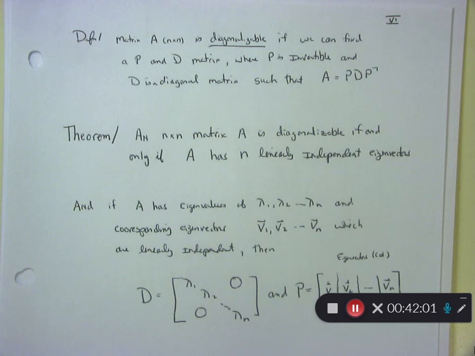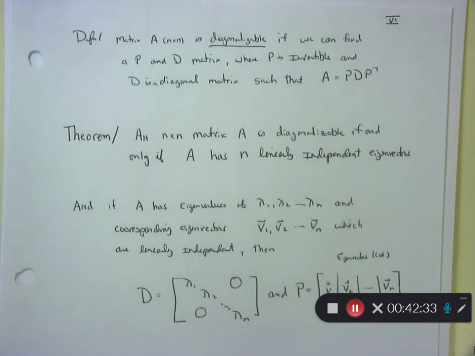Definition. A matrix A, n by n, is diagonalizable. Yeah, fancy word to throw at you guys. Diagonalizable if we can find a P and a D matrix where P is invertible and D is a diagonal matrix such that A is equal to P D P inverse.